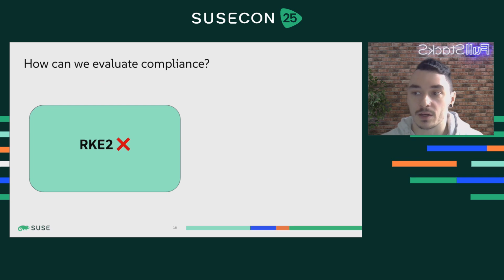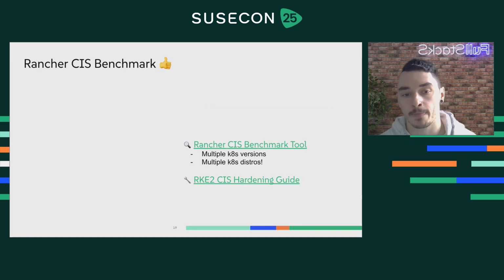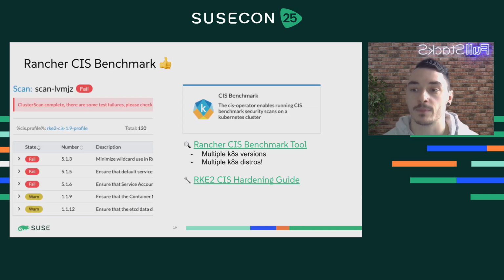So again, the question is, how can we actually evaluate compliance? Well, certainly not with RKE2 and maybe also not with NeuVector. So here to the rescue comes the Rancher CIS benchmarking tool.